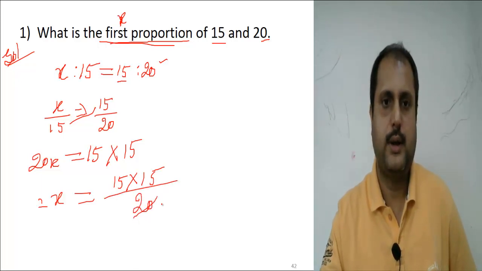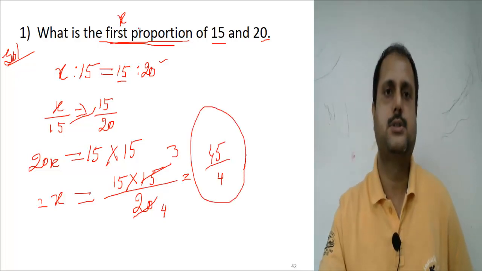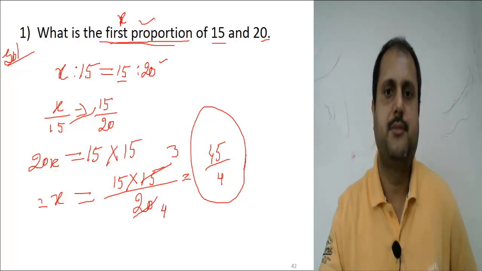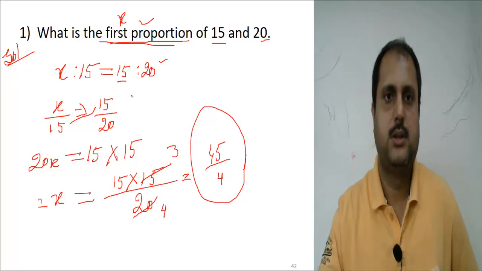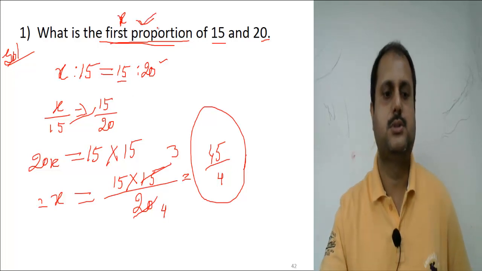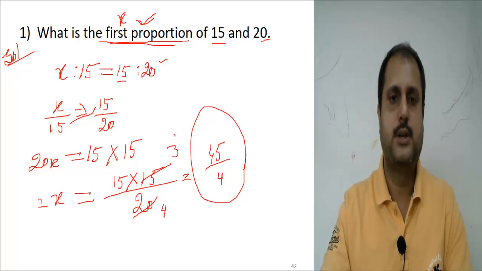Four times 5 is 20, and 3 fives are 15, so we get 45 by 4. This is the value of x, and this will become the first proportion. I hope it is clear. So let's move to the next one.